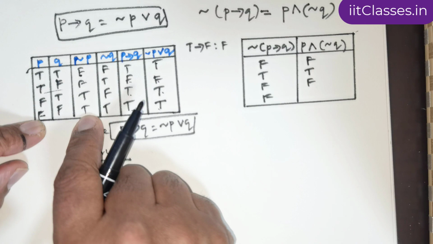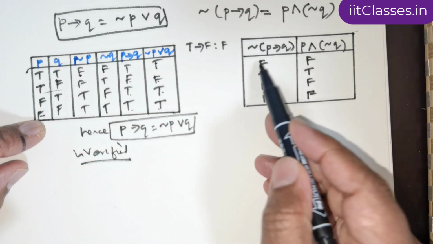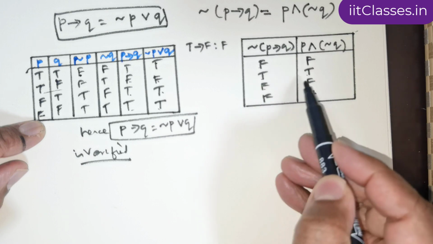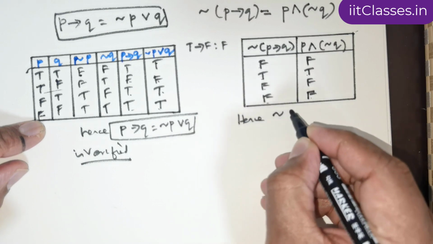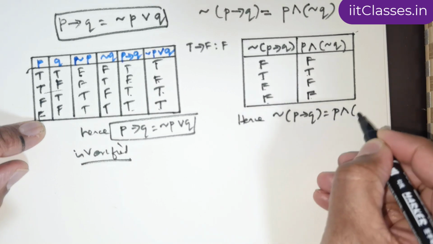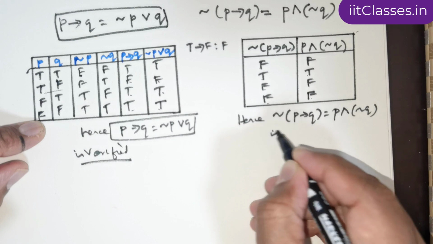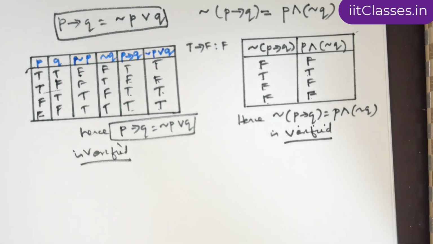And 0 into 1, 0. So that's going to be F. Now F, F, T, T, F, F, F, F. Hence, negation of P conditional Q is equal to P conjunction with negation of Q is verified, right? So that is a beautiful verification.